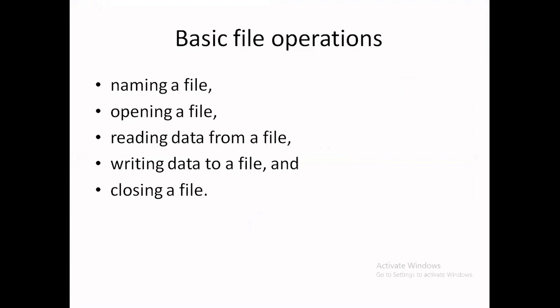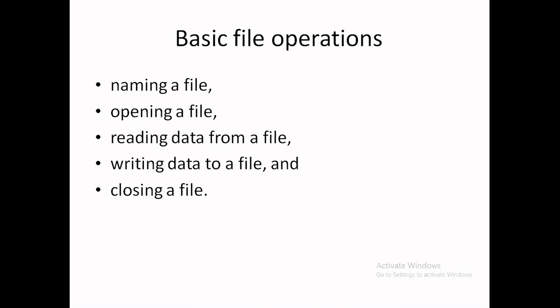If you open a new file, no information is there, then you can type some information and store that information into the file. If the file is already available, you can open the file and read the content. Open is of two kinds. If the file is an existing file, you can open it and read the data. If the file is not existing, you have to create a new file, and then only you can open it. Creating a new file means no information is there, so you have to provide the information.